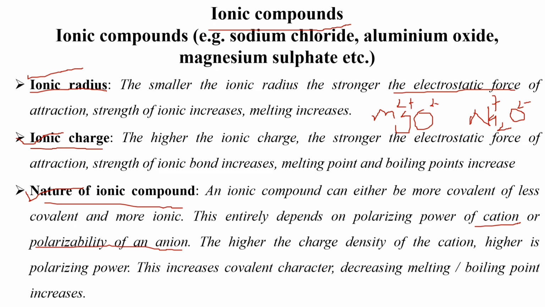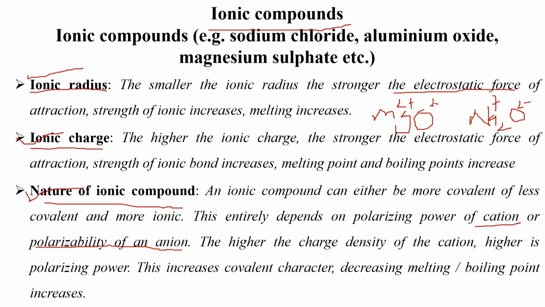Which factors affect polarizing power and which factors affect polarizability? Briefly, when the cations are small, then they will have a high polarizing power, also if their charge is large. But for the anion, if the anion is big and has a high charge, it is highly polarized.